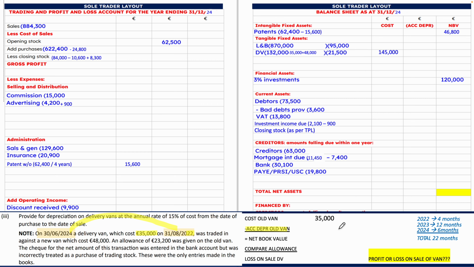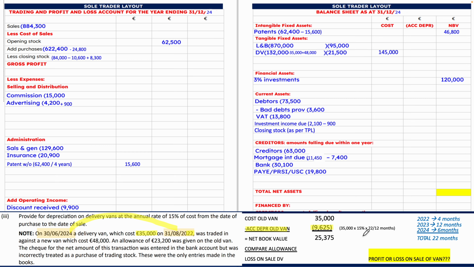So the cost of the old van, 35,000. And then we want to calculate the accumulated depreciation. So 35,000 by 15% multiplied by 22 over 12 gives us accumulated depreciation of 9,625. So we bought that van for 35,000, and like we calculated our depreciation, it would reduce the value of that van down to 25,375.